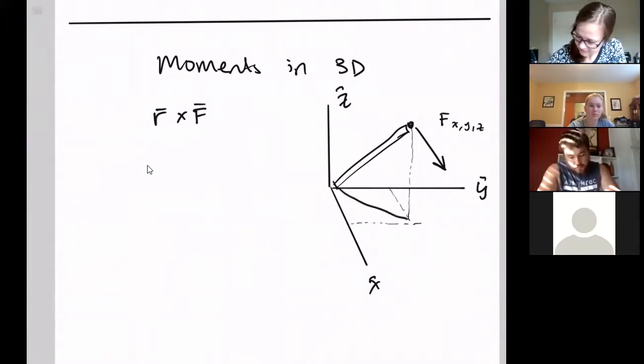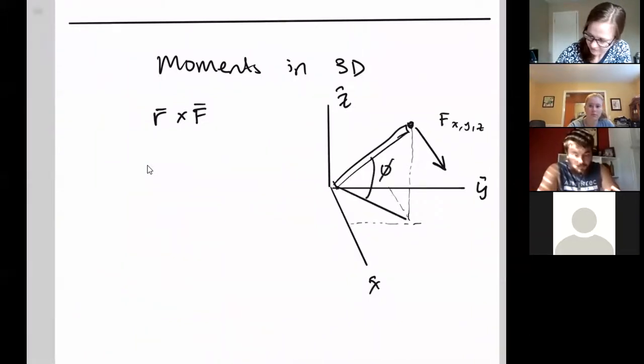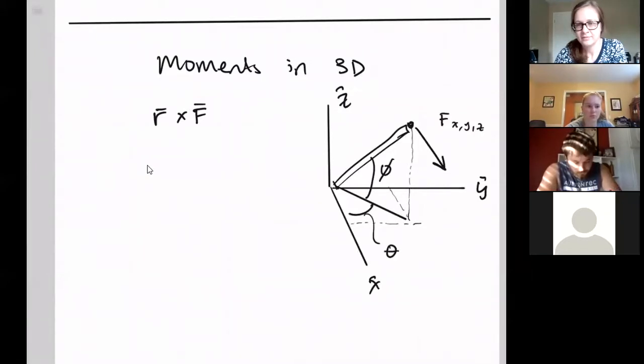And you can identify this beam using that same method that we had before, where you put phi here and theta on the ground. And let's say that we are given the unit vector for this force. So we know each of the components in x, y, and z. That's something that's given to us.